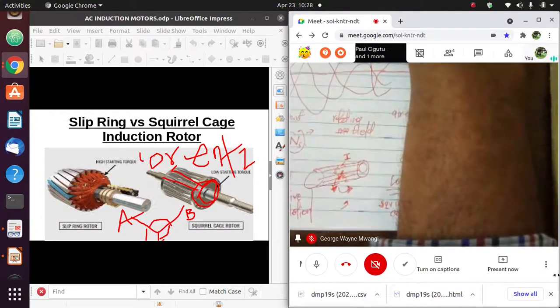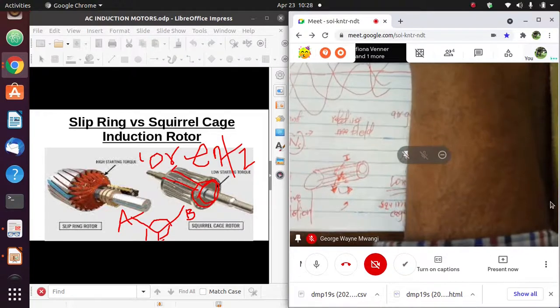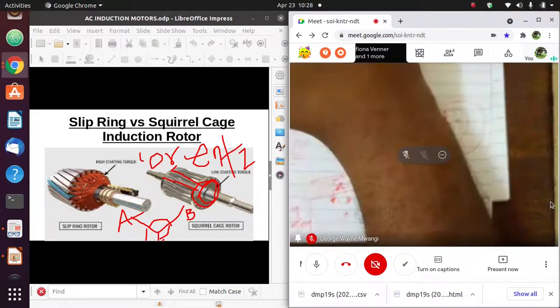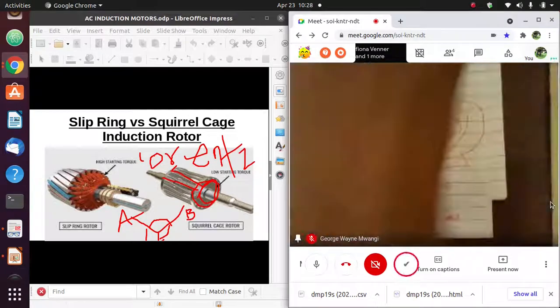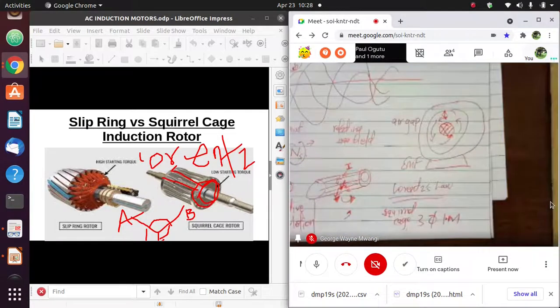You go find out the different starting mechanisms of a three-phase induction motor. We have direct online, where we can connect the three-phase induction motor directly to the supply. We can start using a transformer. So find out how to start three-phase induction motors. But for today we'll stop there. Go try that example again of single phase, so that when you come to the three-phase calculation, we will see the differences.